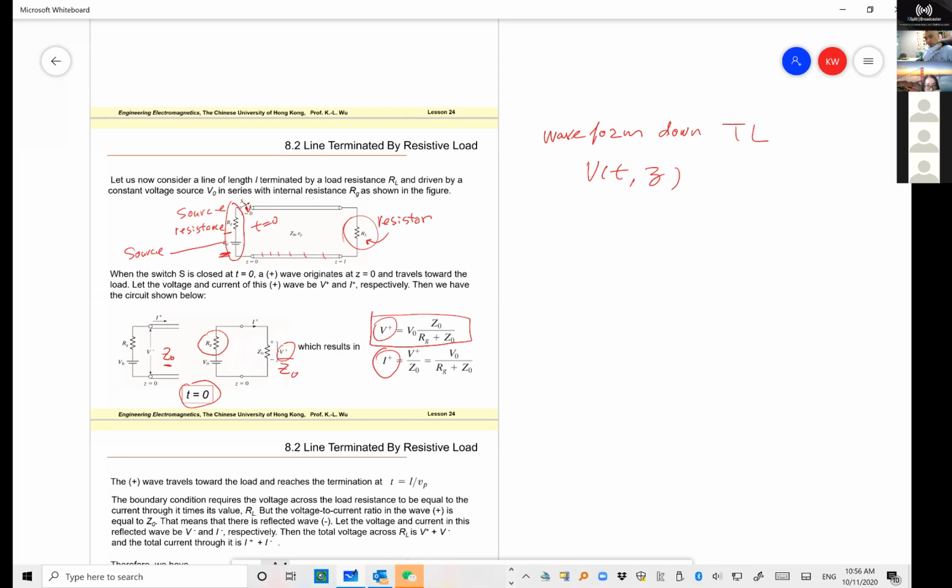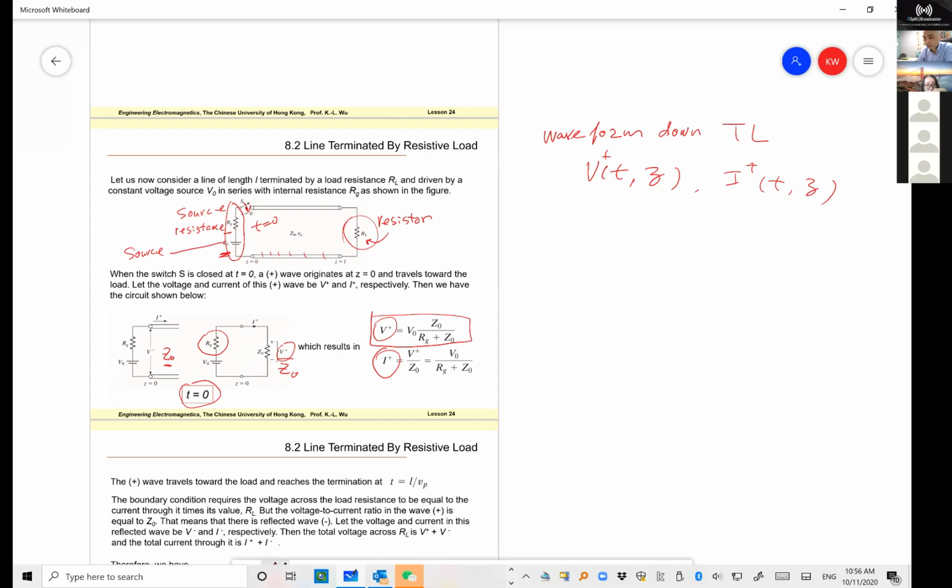So this is the current. This is the initial voltage and the initial current. But voltage and current change with time, right? The current also changes with time.